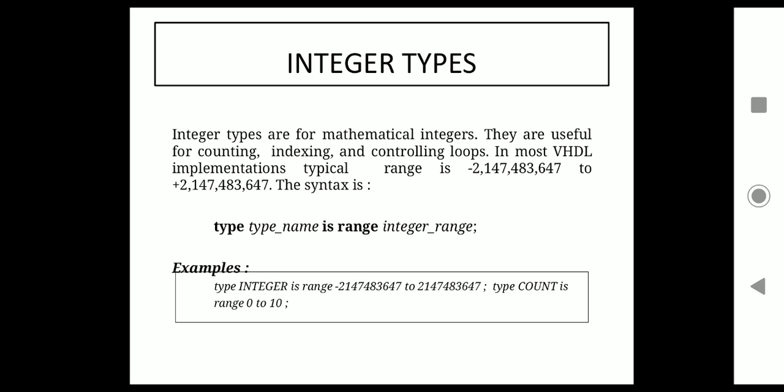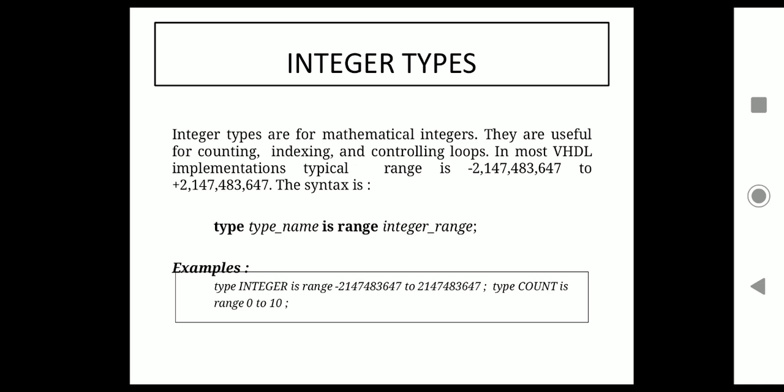Now the following statement shows the syntax for integer: type, then type name, then range, and the integer range. So for an integer you have to define its range, which can be from -2,147,483,647 to +2,147,483,647, a very large range of integers you can use in VHDL programming.